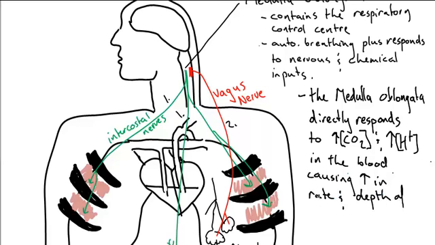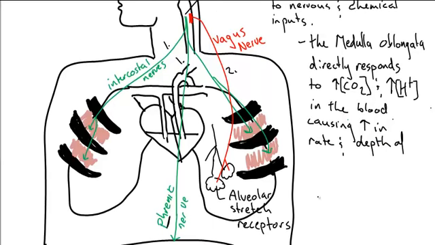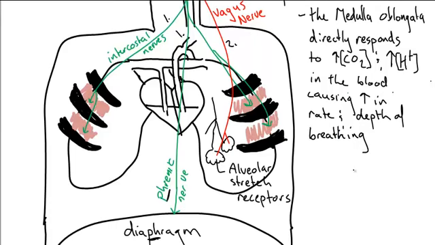So it's going to send more signals via the phrenic and the intercostal nerves. Now, the reason the heart is in here is because it also indirectly influences the medulla oblongata.